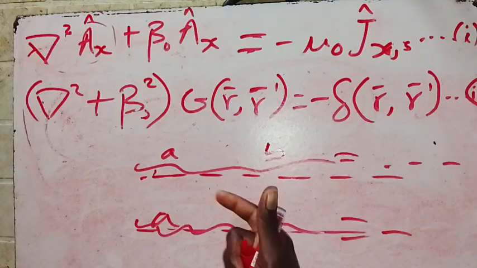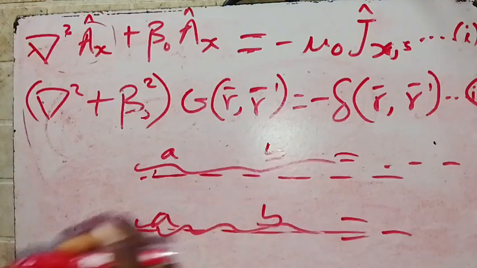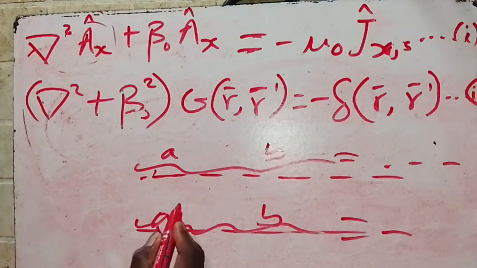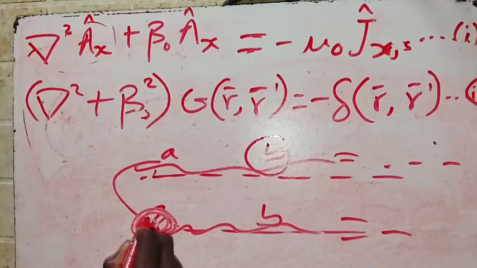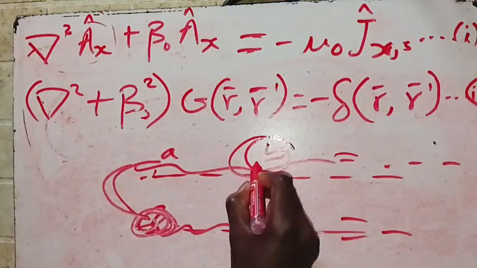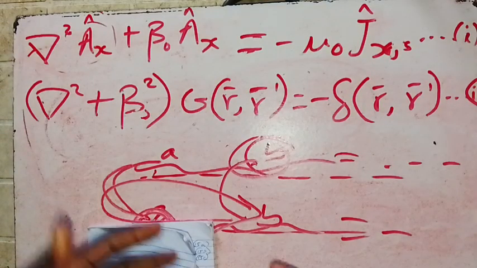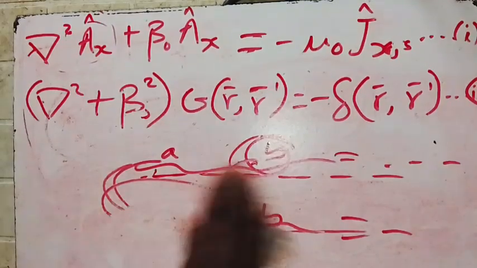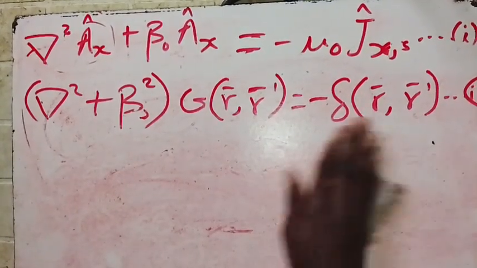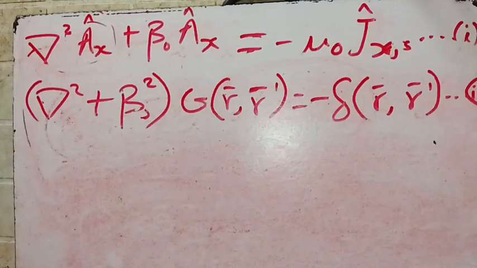Like simultaneous linear equations where you will now use the elimination method. You use the coefficient of this to multiply this equation, you use from this equation to multiply this equation. If you know that, then I shouldn't even be explaining deeply what we want to do now. However, if you don't know that, well, that's okay.